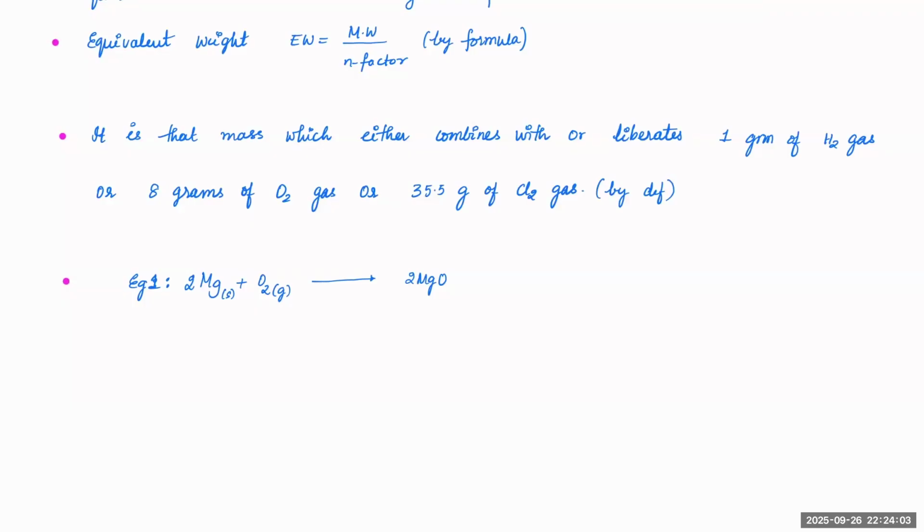Either while combining or while liberating, if I take some amount of substance, and that substance is giving away 1 gram of H2, or accepting 1 gram of H2, then that particular weight is called the equivalent mass of that substance.